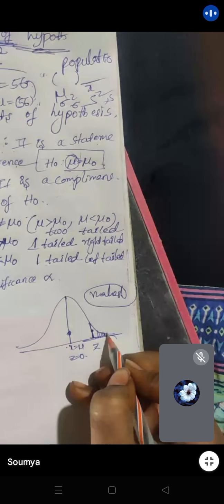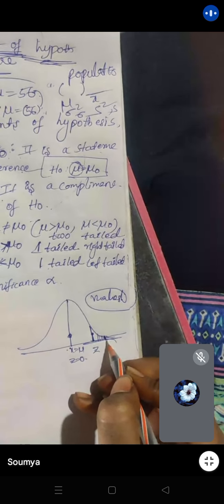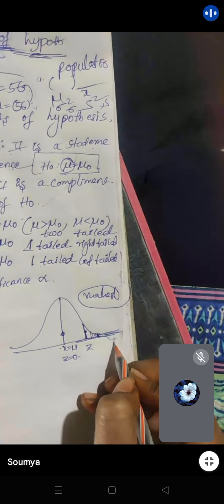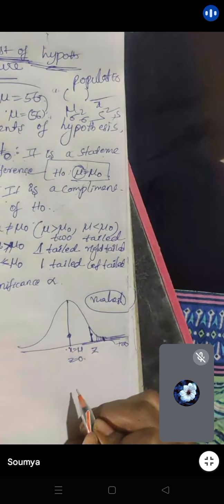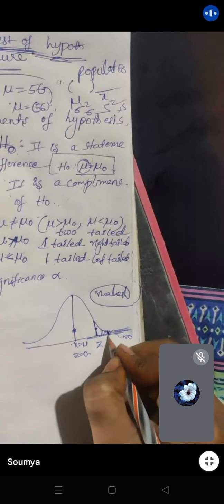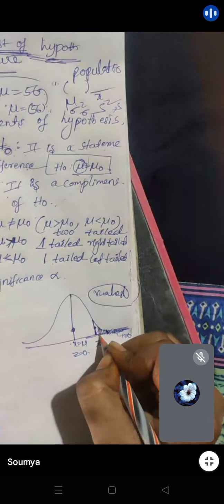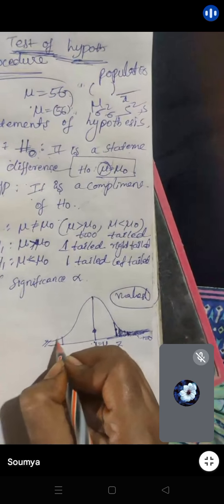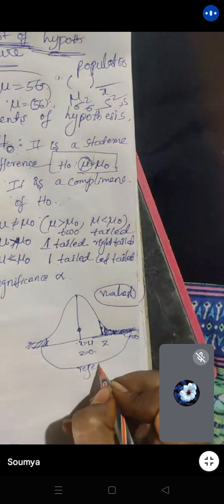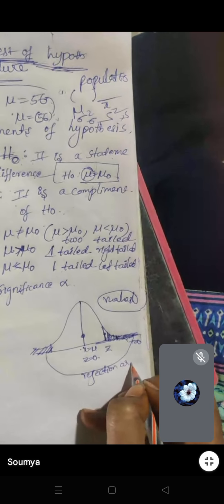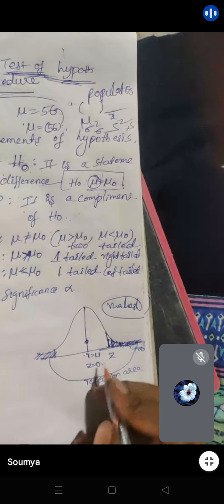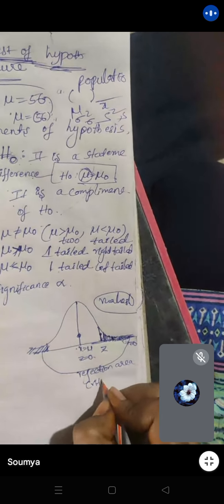We don't go for this part because it goes up to plus infinity. Because we don't have table values for plus infinity, we always reject this area, and some part of this. So this is called the rejection area, and these points are called critical points.